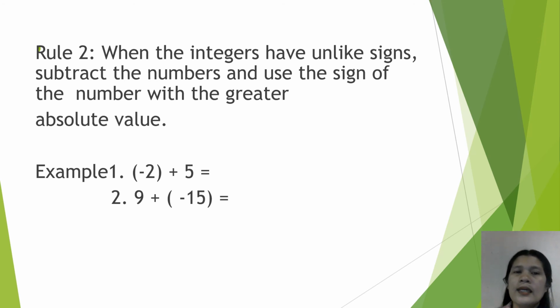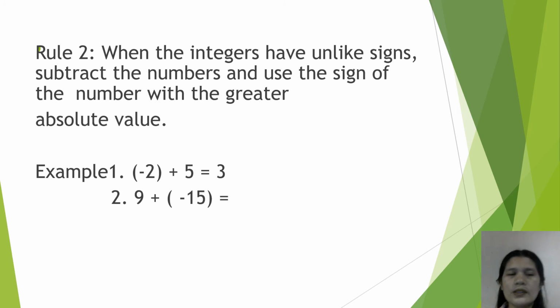Meaning, if we are adding two integers having unlike signs, we automatically subtract the numbers, and then copy the sign of the number that has a greater absolute value. So, negative 2 plus 5 is 3. Positive, because the sign of the number that has a greater value is positive, which is 5.